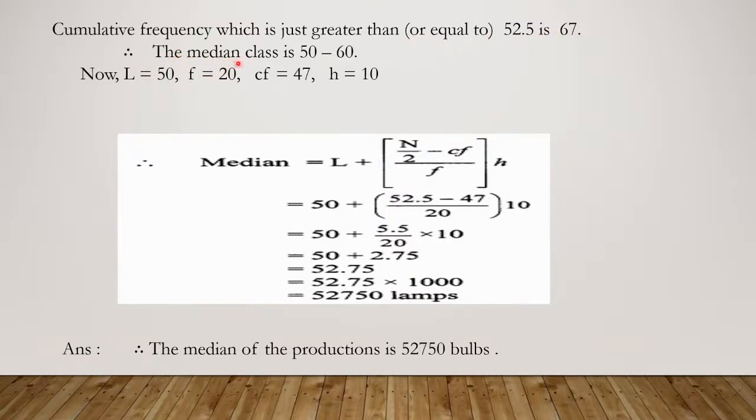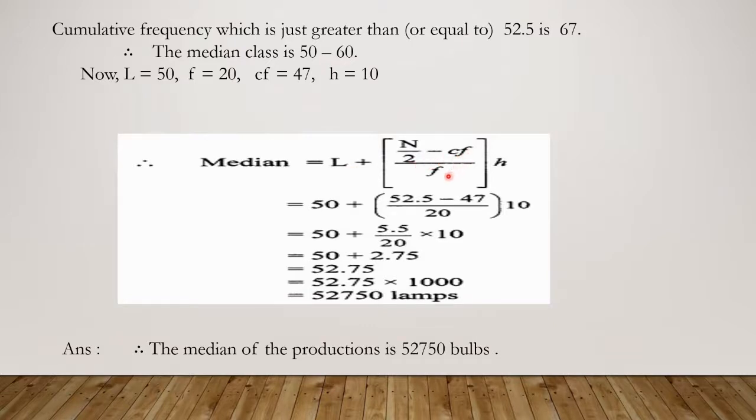Now, L, the lower limit of the median class, is equal to 50, F, the frequency of the median class, is 20, CF is equal to 47, and H, the class interval, is 10. Then the equation: median equals L plus n by 2 minus CF upon F into H.